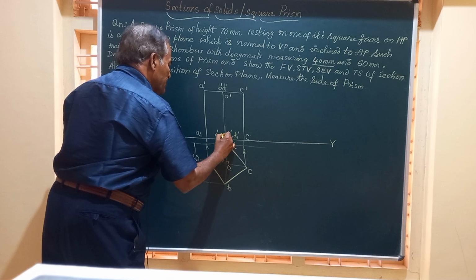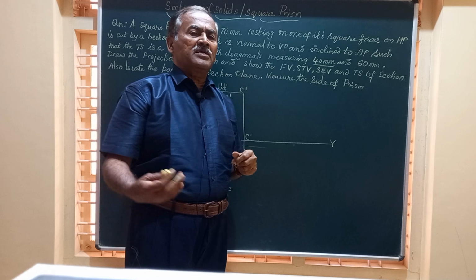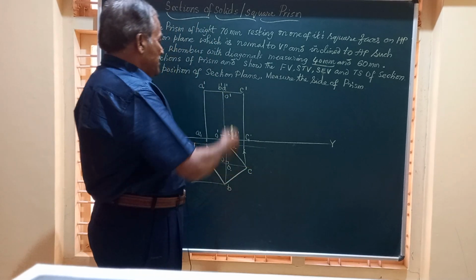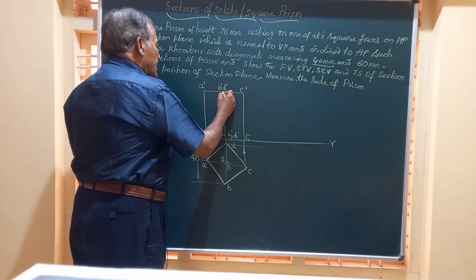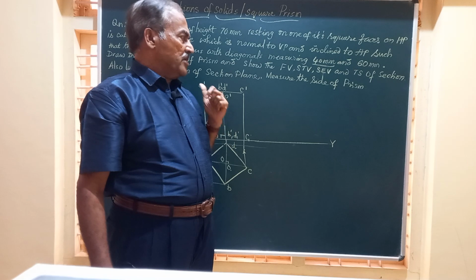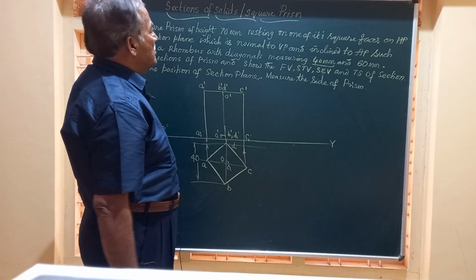Remember, whenever any prism is placed on HP, or anything including a cylinder, cone, whatever it may be, the axis O dash O1 dash will be perpendicular to HP. Friends, you got the front view and top view.